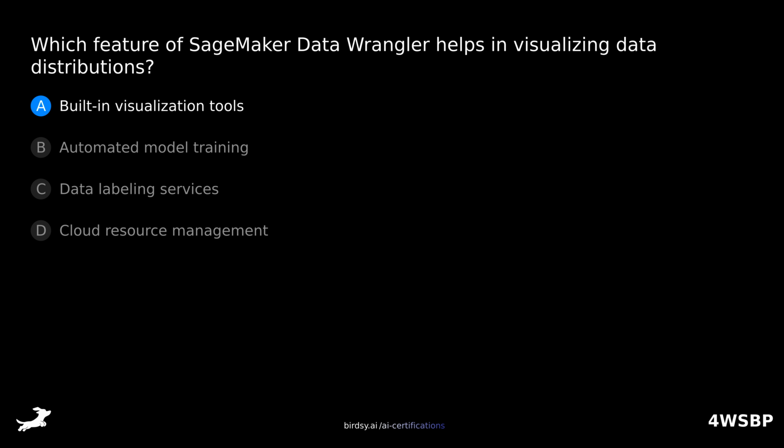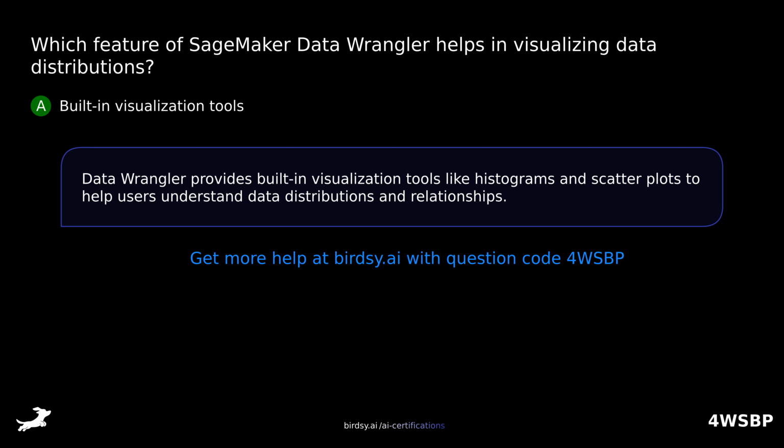Is it A, built-in visualization tools, B, automated model training, C, data labeling services, or D, cloud resource management? The answer is A, built-in visualization tools. Data Wrangler provides built-in visualization tools like histograms and scatter plots to help users understand data distributions and relationships.